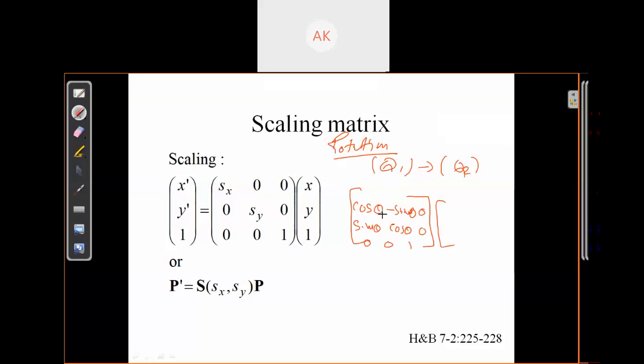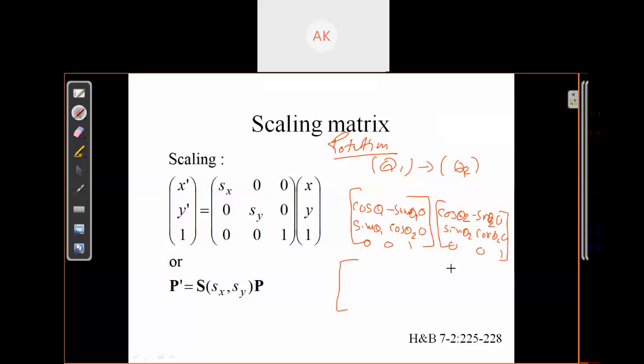For theta 1 it's with theta 1. For theta 2, again you will write cos theta 2, minus sin theta 2, 0, sin theta 2, cos theta 2, 0, 0 0 1.